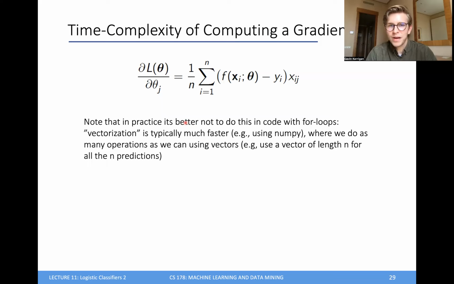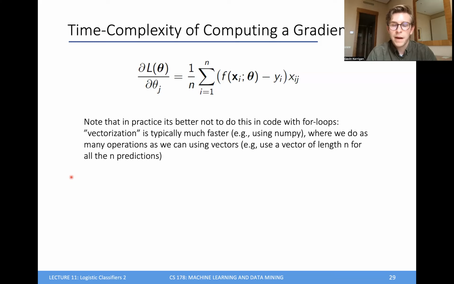The most straightforward way to actually implement this gradient calculation, of course, is a for loop. You could do a for loop to do this summation, then a for loop over the parameters to get each of these gradients. But really the easiest and best way to do this is via vectorization. Hopefully you've gotten quite a bit of experience doing these vectorized calculations in the homework. You can use functions like numpy.sum to do this summation instead of a for loop.